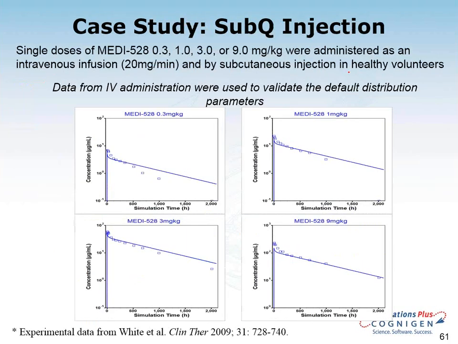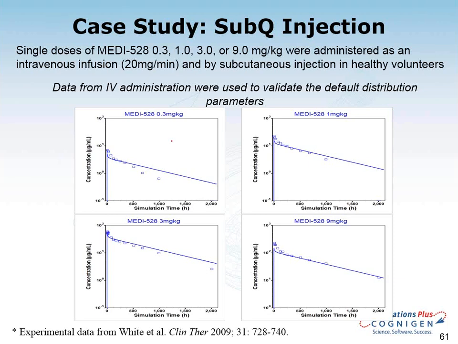And for an example of subcutaneous injection, this is again an IgG, but in this case it was administered in human. So a nice demonstration of how well the default parameters for the standard distribution in terms of convective flow, endocytosis, FcRn binding, and the degradation in the endosomes work, how the human default parameters work.